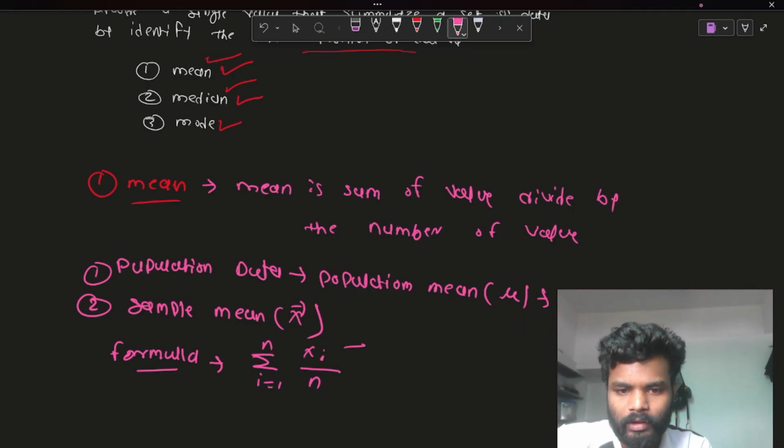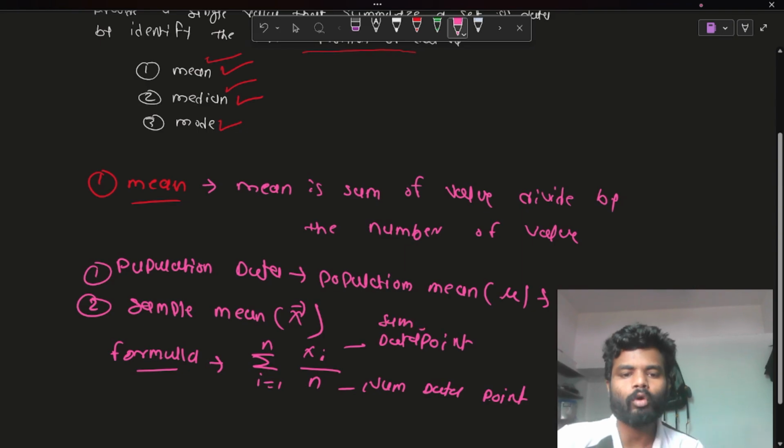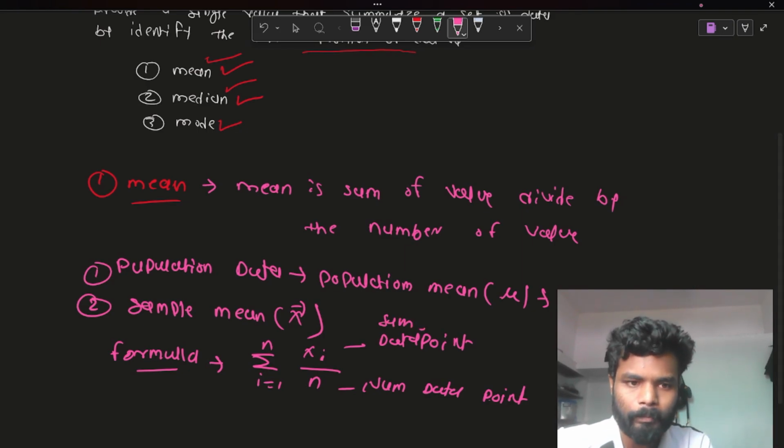What is n? It's the number of data points. So n is the number of data points, and the summation is the sum of data points. That's the formula for the mean.